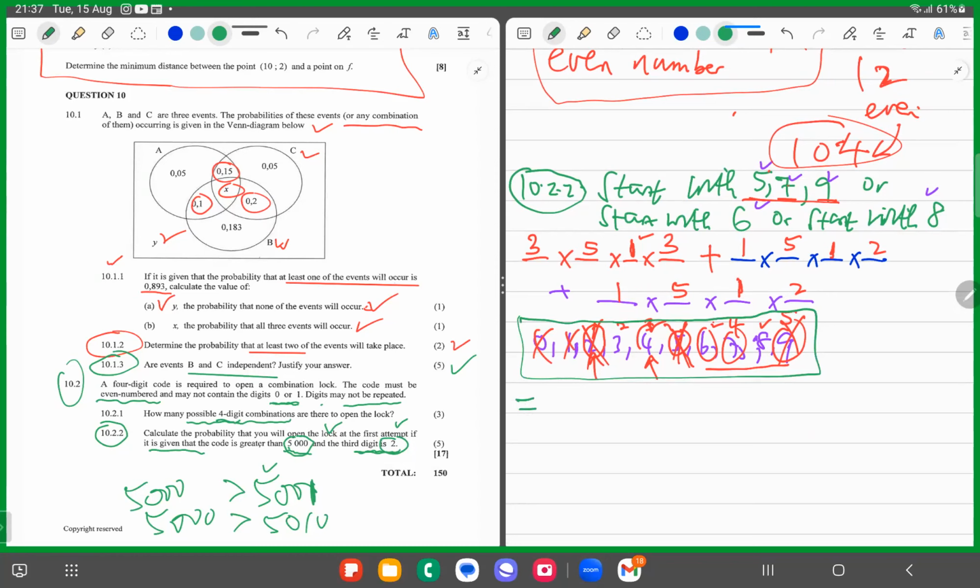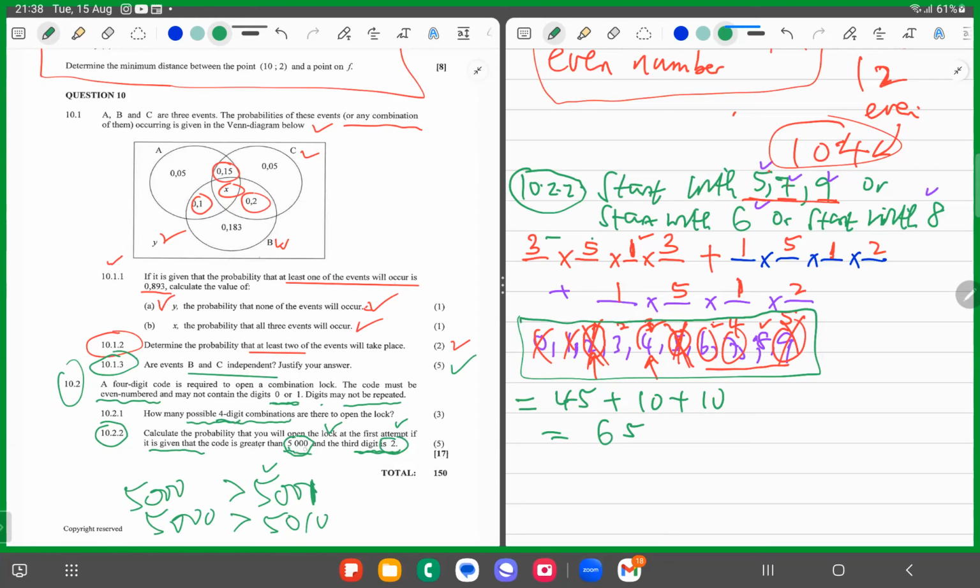You multiply this case by case. 3 by 5 by 3, because 3 by 5 is 15 by 3. 1 by 5 by 2 is 10. And then this is actually 65.